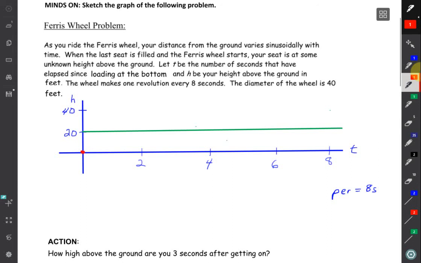Now, all the key values happen every quarter. So if this is starting at a minimum, we know that there would be no phase shift here because on the y-axis, or in this case the h-axis, it's starting at a typical point for a parent function, in this case a cosine function.